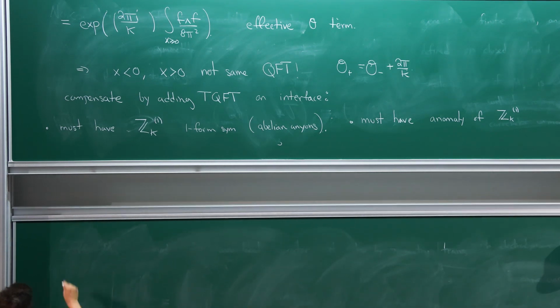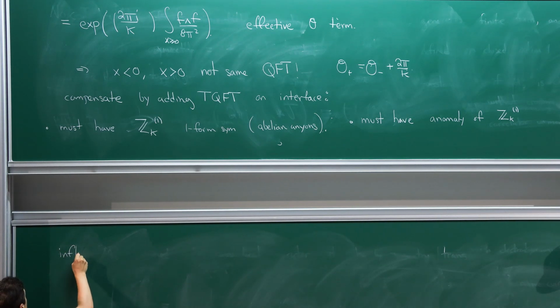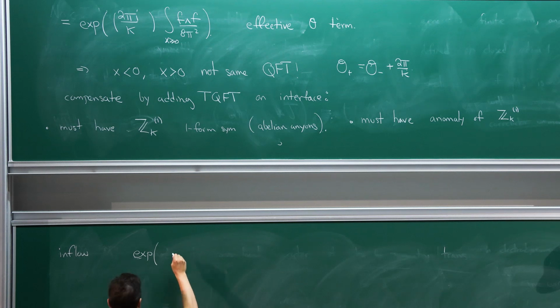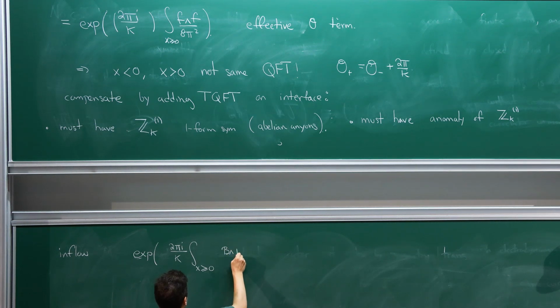So the inflow action should be, well, the kind of SPT term in one higher dimension, 2 pi i over k, integral x greater than 0, B wedge B over 2.